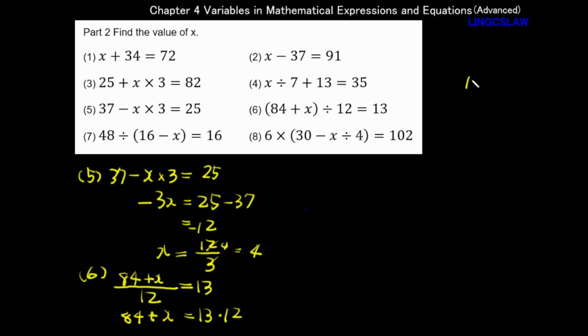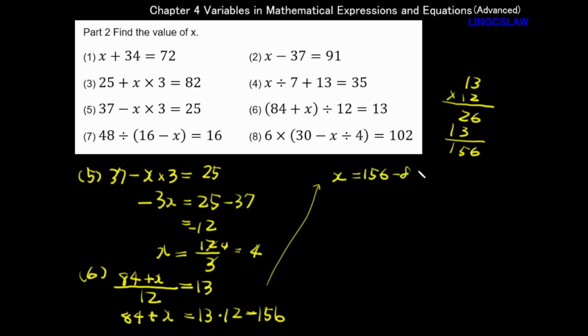And 13 times 12 is 156. So 84 plus x equals 156. And subtract 84 from both sides. 72.